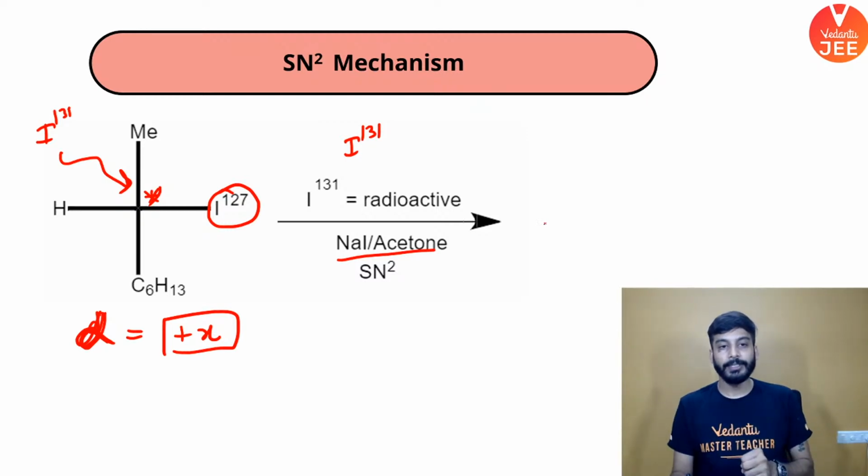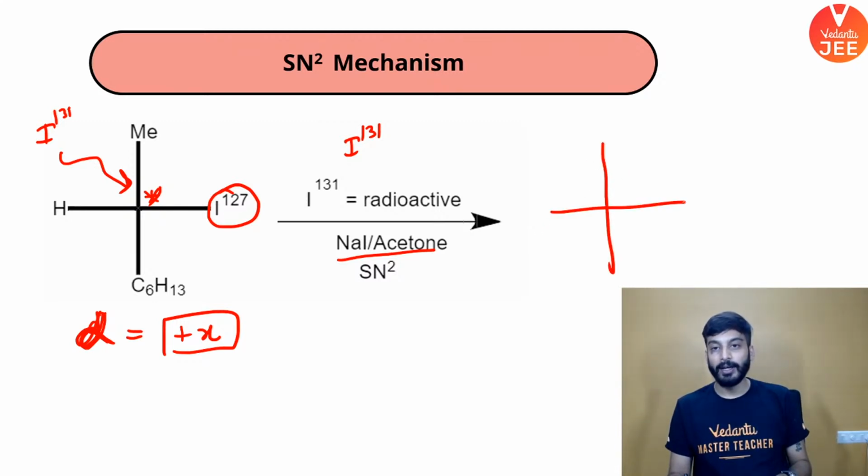Now what has happened according to the polarimeter? I131 will come and attack, but the polarimeter cannot distinguish. So what will happen? Back attack, iodine 131, hydrogen, Me, C6H13. Acetone is a solvent.